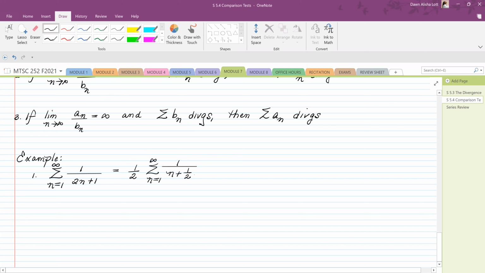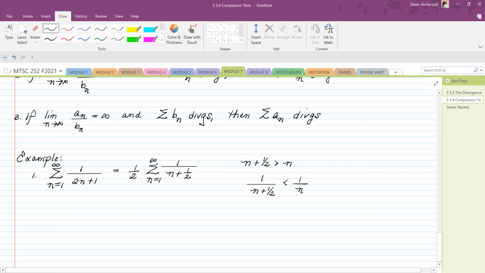Okay, so up there I said, let's look at the relationship between n plus 1/2 and n. So n plus 1/2 is certainly bigger than n, and so 1 over n plus 1/2 is less than 1 over n.